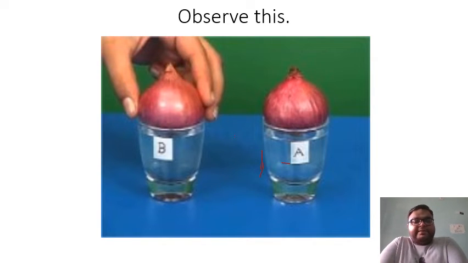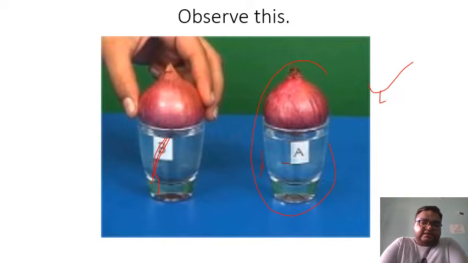When we place this onion root tip just touching the water, the root tips will start growing. But in the second one, we have chopped off the end, and we can see that the root cells are growing slowly. So we have already seen that it is a part of meristematic tissues.